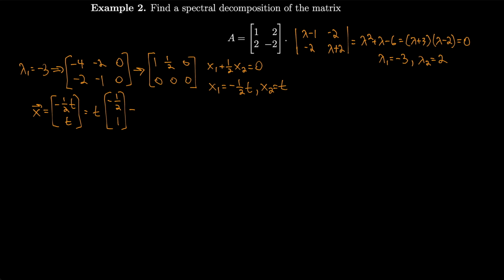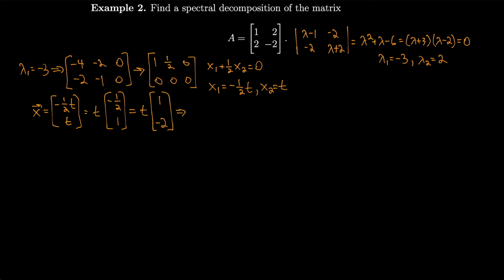I'll multiply by minus 2, then I can avoid the minus also. Remember, this works for all possible t. So if you want, you could set t equal to minus 2t or something like that. Doesn't really matter. In any case, this is the same thing as saying that I just have all t's times 1, minus 2. Any multiple of the vector would still be an eigenvector.